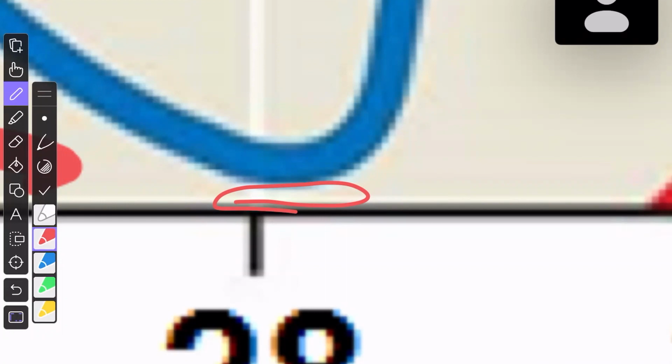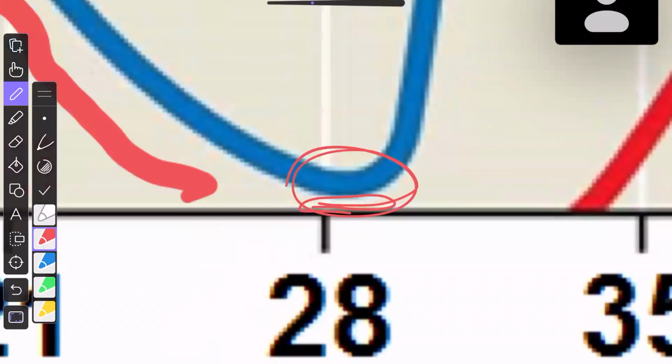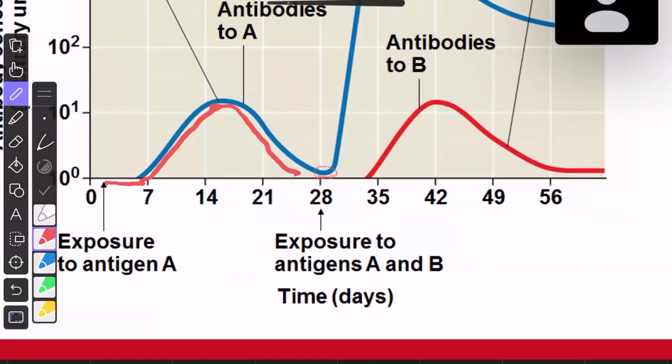The memory cells are down here, and they're just hanging out. Now, right around day 28, because somebody decided to come to class sick, you get exposed to antigen A again. And at the same time, because somebody else showed up sick, you also get exposed to antigen B. So you've now been exposed to both at the same time.